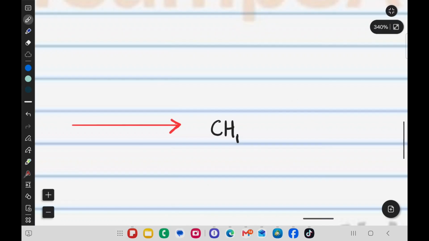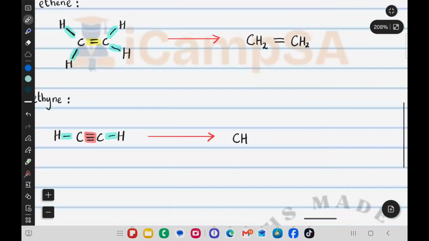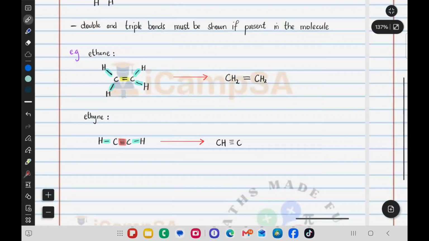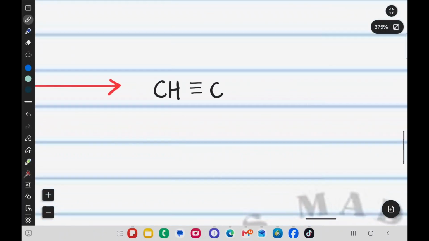Now what separates this carbon atom and the next is a triple bond. So we would write our lines 1, 2, 3. And then our next carbon atom, we see that it's also attached to just 1 hydrogen atom. We write it CH. So that's it. That's how you would do a condensed structural formula.